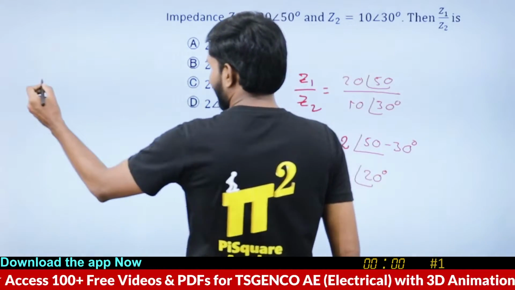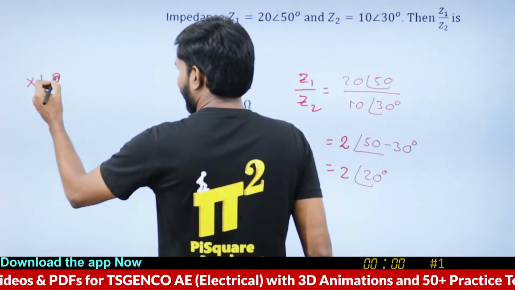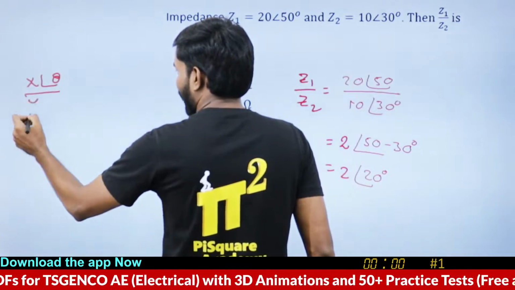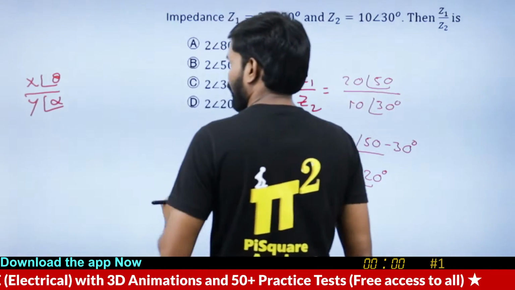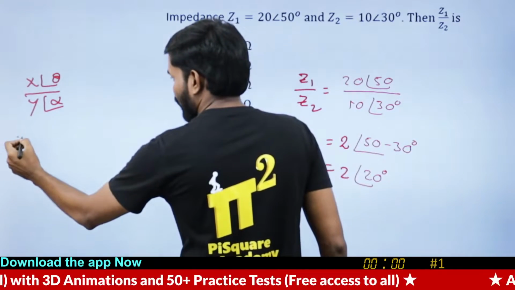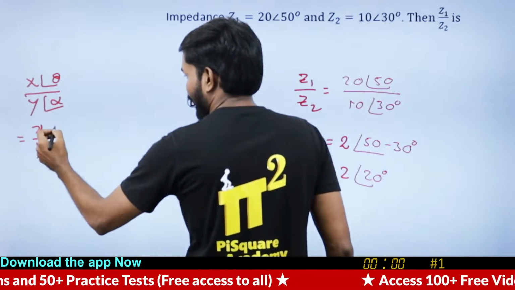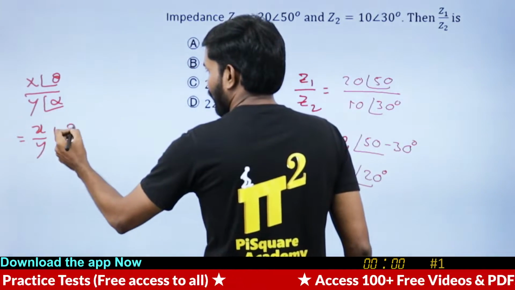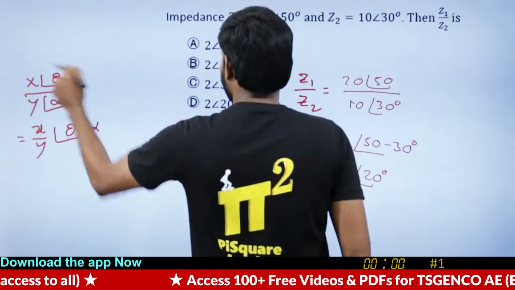Because whenever you have something like x at an angle theta divided by y at an angle alpha, the answer will be simply x by y at an angle theta minus alpha, because it's a division.